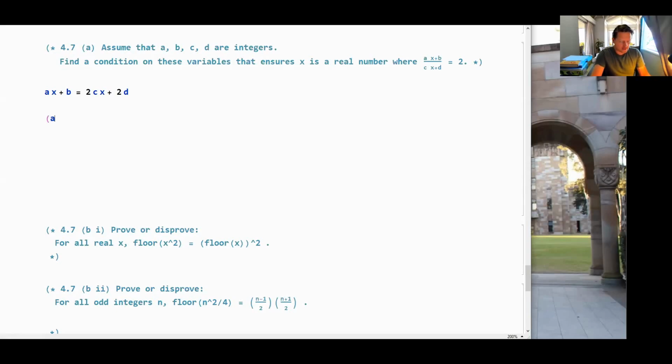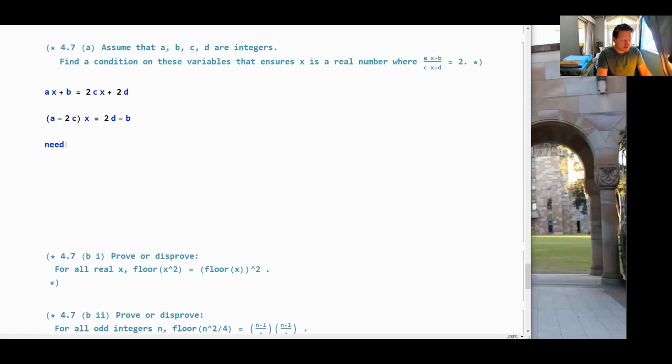So we would have a minus 2c, and then x, and then that would be equal to 2d minus b, taking the b over to the right-hand side. Okay, so now we see that condition, because in order for x to exist, satisfying that, what we need is for a minus 2c to be non-zero. Okay, so need a minus 2c non-zero.